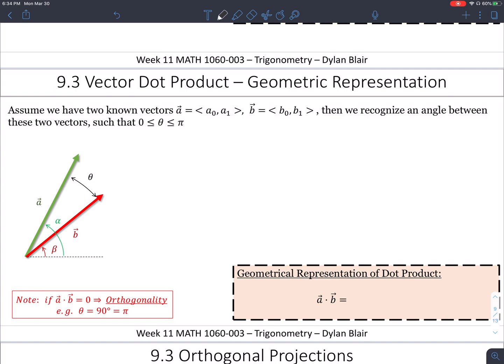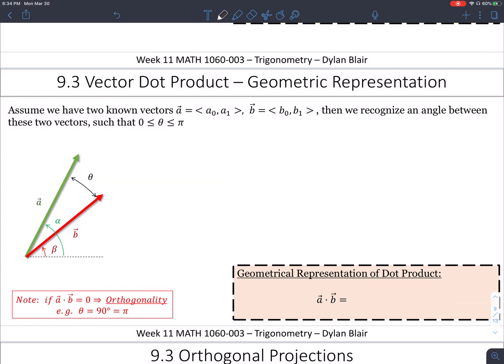Okay, so we're assuming that we have vector A and vector B, and we can recognize that there's going to be an angle created between these two vectors. And we're going to say that this angle is a bidirectional angle. It doesn't really matter, and that's why there's the two-headed arrow between these two vectors. Okay, and this angle is between 0 and pi. This means that we never have an angle that's greater than 180 degrees.